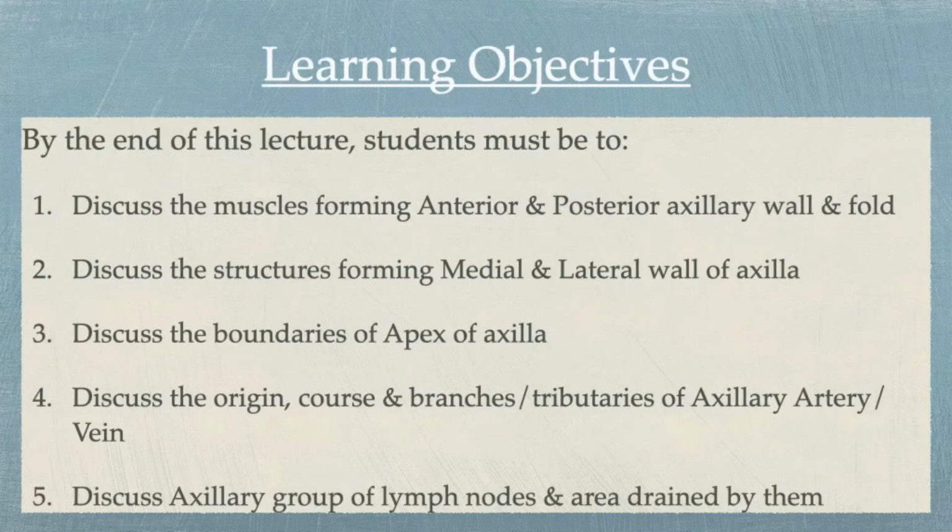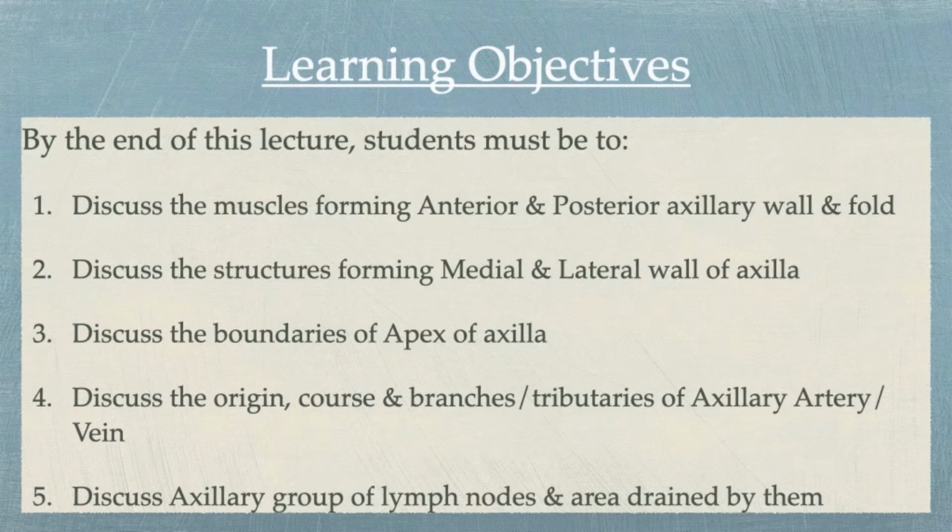The learning objectives of today's session are that by the end of this lecture, all of you must be able to discuss the muscles which form the anterior and posterior axillary wall and anterior and posterior axillary folds. You must be able to discuss the structures forming medial and lateral wall of axilla.